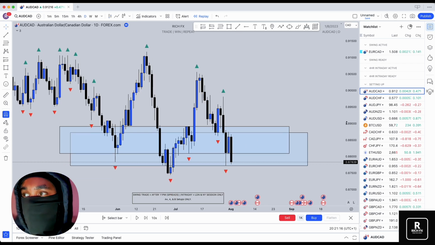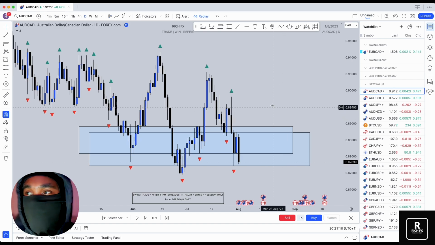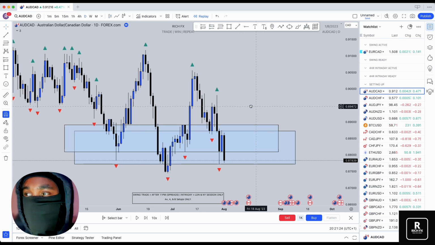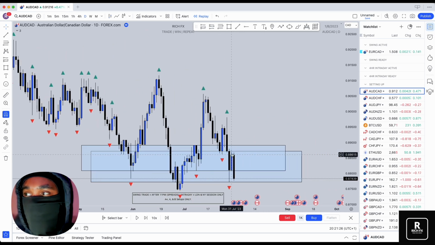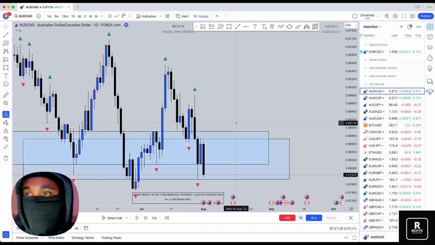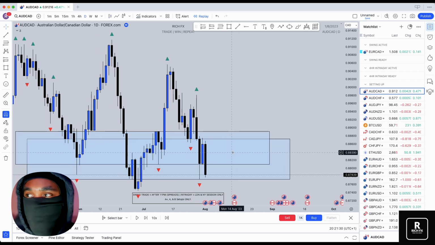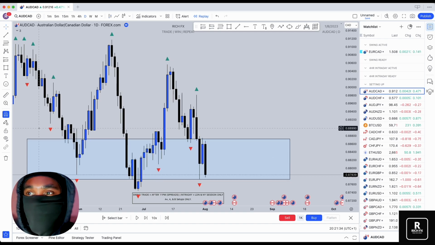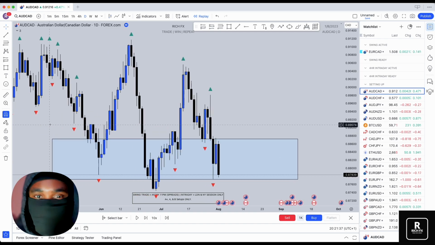If you've got a box, you can identify roughly, because nothing in the market is 100% accurate, which areas are responsible for which price action, right? Of course, we've got two boxes there. We don't need both, but we can identify that these two boxes are in a similar area. I can take one box away and leave the other, but the price action is still the same, right?